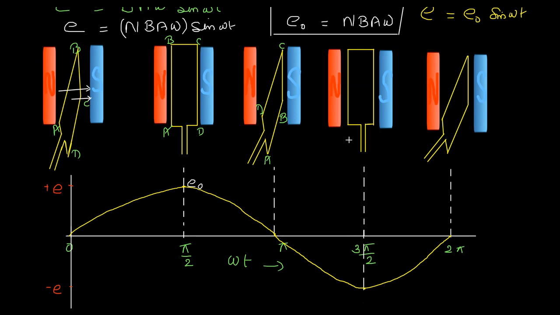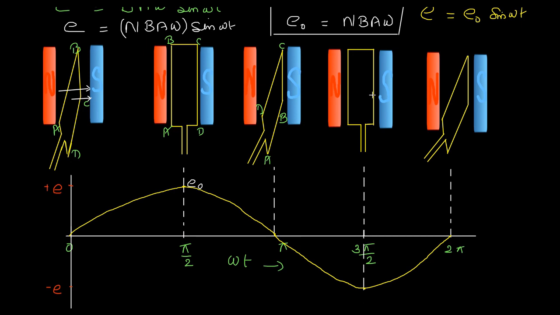Now look at the fourth case. 1/4 of rotation is over in the first case, again 1/4 is over, again 1/4 is over. That means the coil has turned through an angle 3 times pi by 2. So if omega t equal to 3 times pi by 2, the plane of the coil is parallel to the magnetic field again.